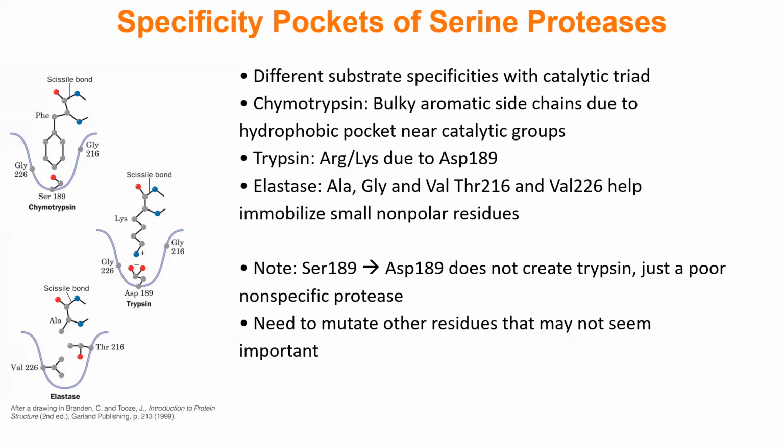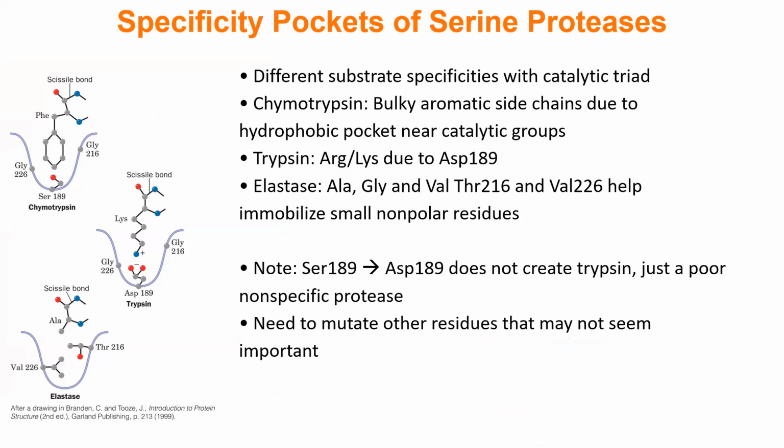Now, serine proteases can cut a lot of different proteins. However, certain serine proteases can only cut certain amino acids. And the type of amino acids they can cut are determined by what are called specificity pockets, right?